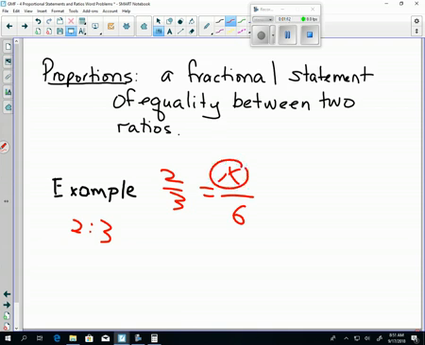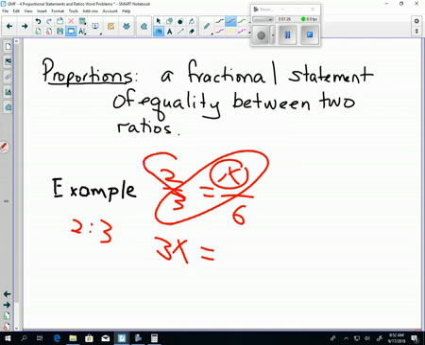In order to do that, we can use a process called cross multiplication. So we would write 3 times x, 3x, equal to, and then use the other side, 2 times 6, and then solve it.